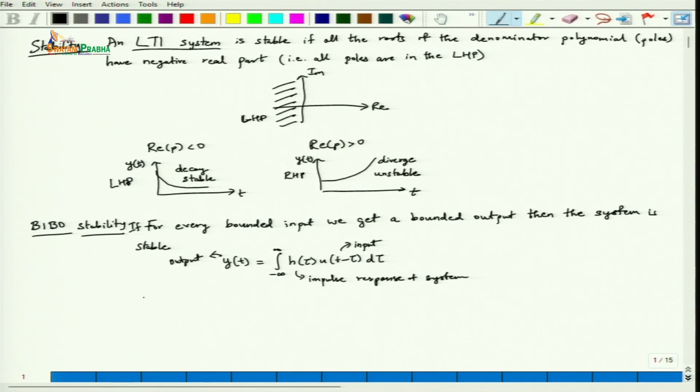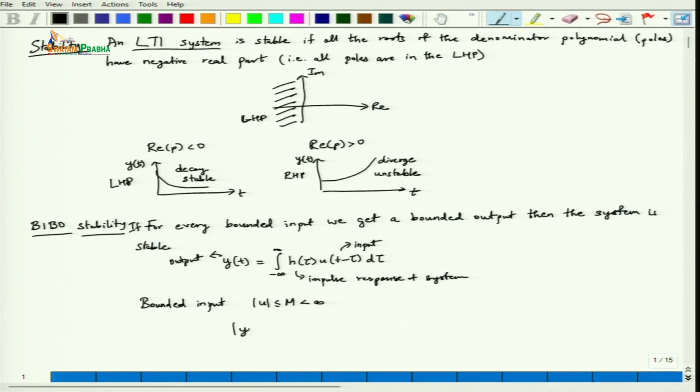Now let us start with bounded. If the input is bounded, that mathematically means basically that the maximum value of u is less than or equal to some M which is less than infinity.